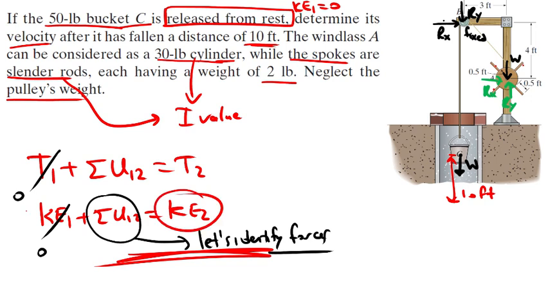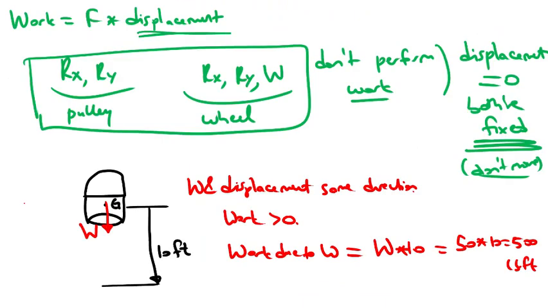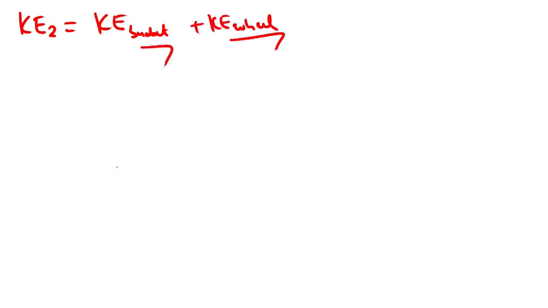Now comes the second part, which is kinetic energy. The kinetic energy at point 2 will be the kinetic energy of the bucket plus the kinetic energy of the wheel. Let's start one by one.